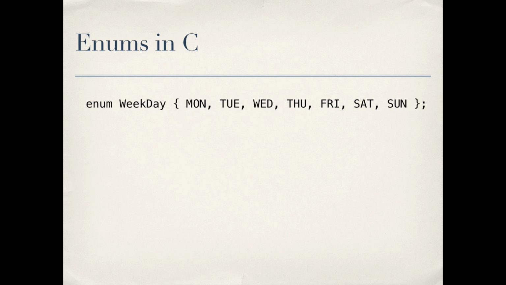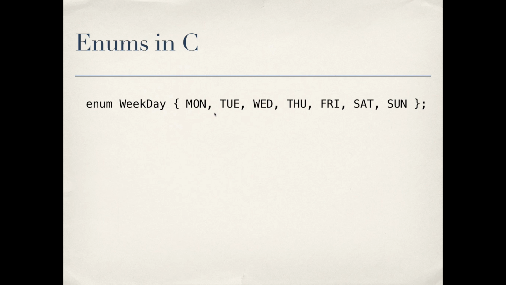So how can we do this in C? For example, we take the days of the week, and we define a data type enum weekday, and this data type accepts 7 different values, namely mon, tue, wed, thu, fri, sat, and sun. You can easily see that these are the days of the week.